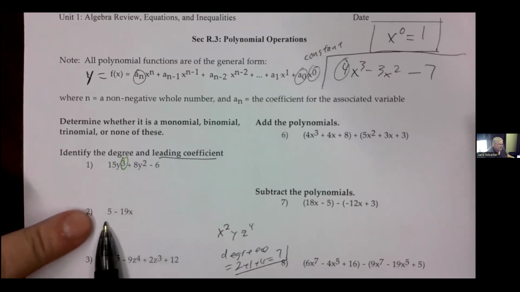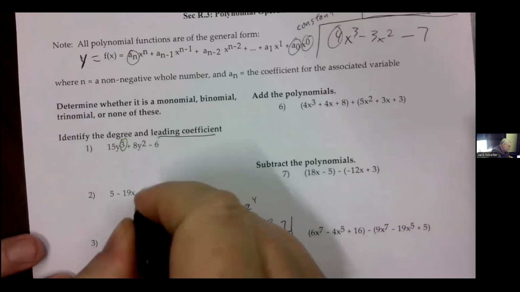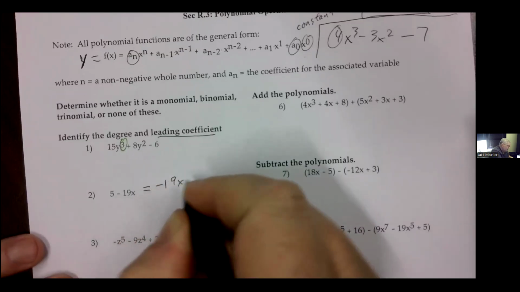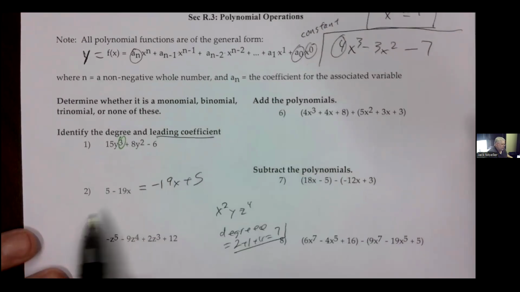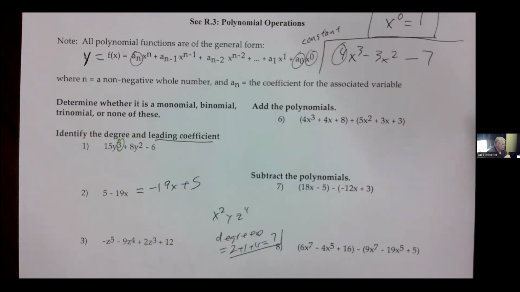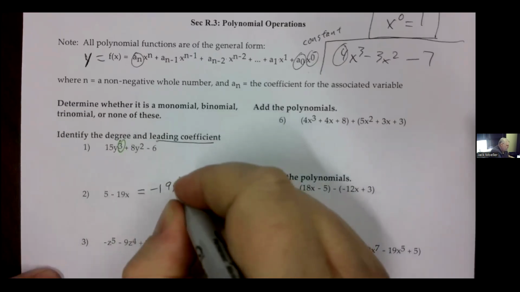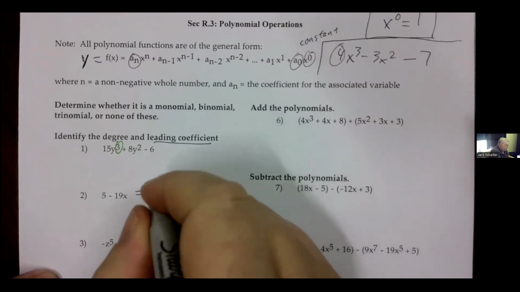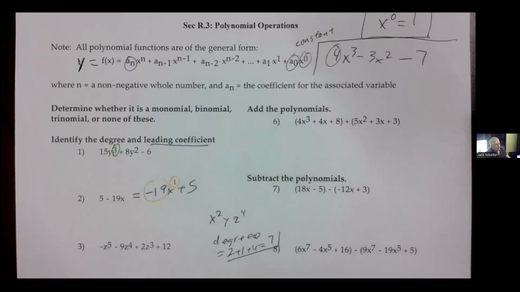This one is not in descending order. If you put that in descending order, it'd be negative 19x plus 5. Make sure you don't lose your signs. And so then your degree would be 1, and your leading coefficient would be negative 19.